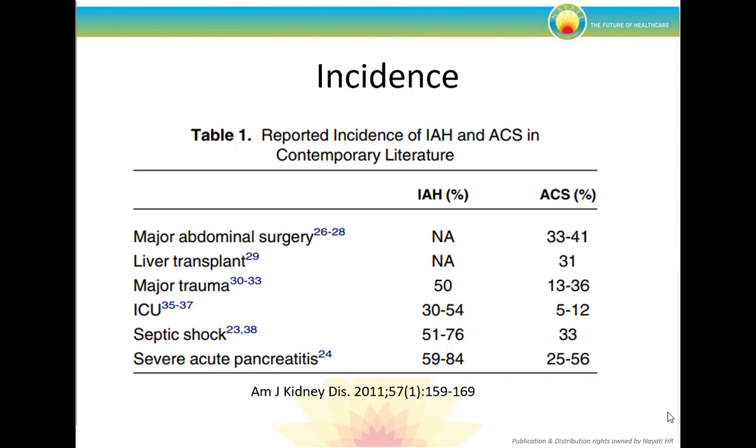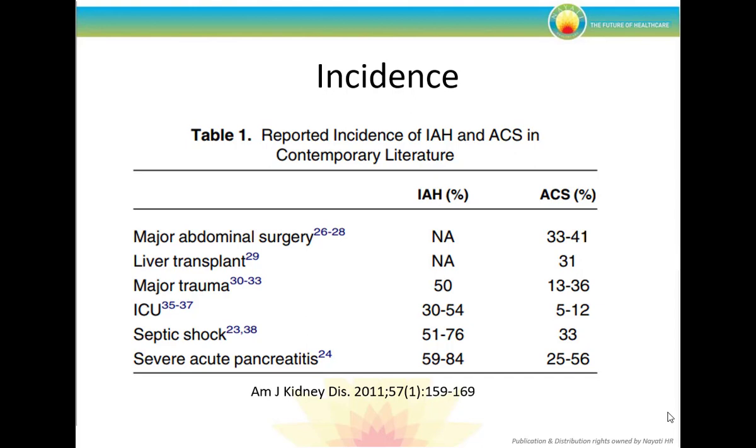So coming to the incidence, one study showed that patients who undergo major abdominal surgery will develop abdominal compartment syndrome in about 40% of the cases. That's quite high. So probably we tend to ignore these things because we attribute the deteriorating patient conditions to the deterioration of something else.